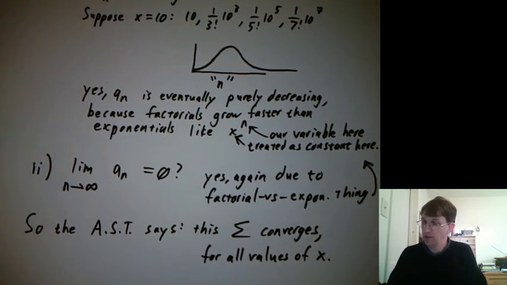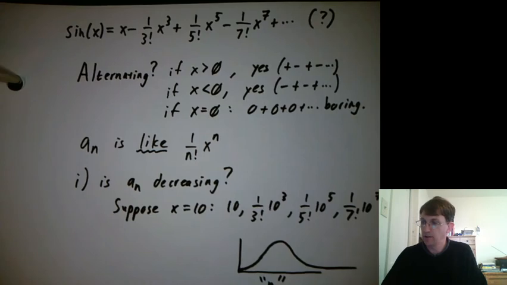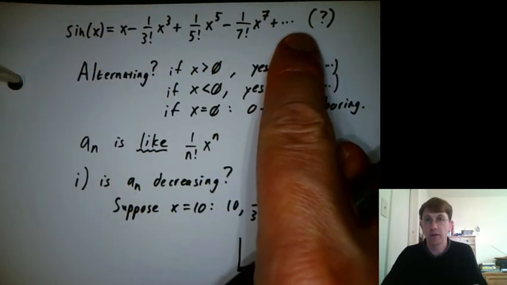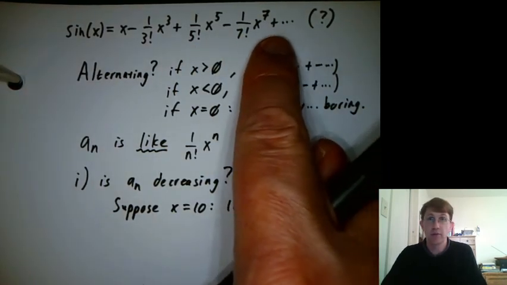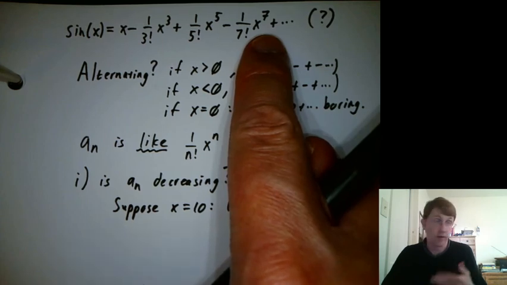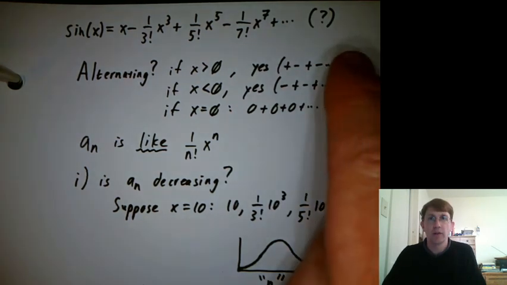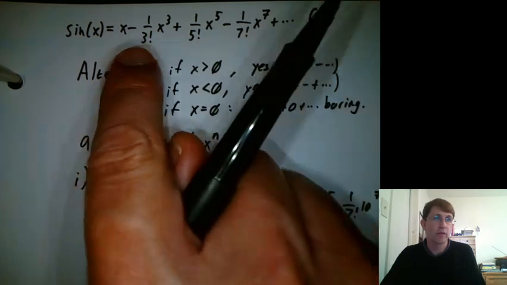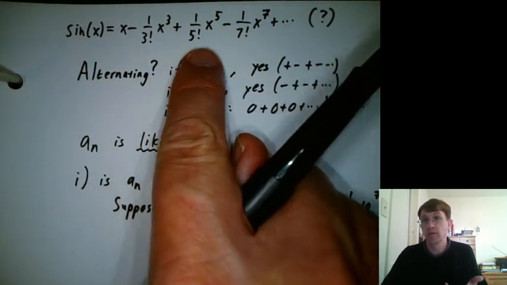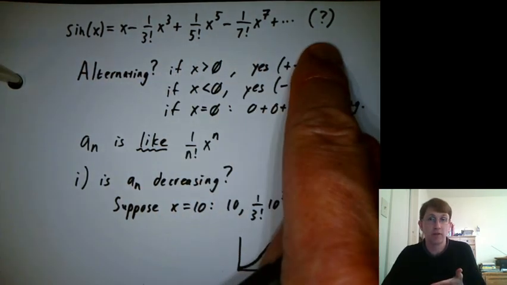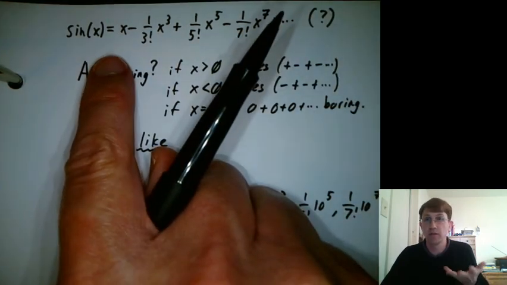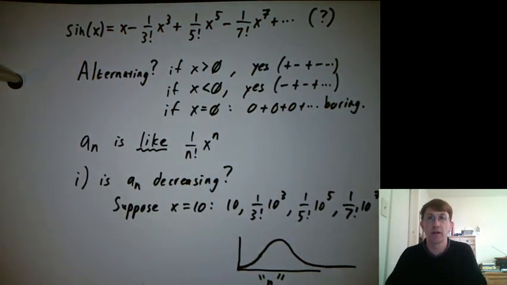So that's pretty interesting that this sum that has powers of x that keep growing still converges no matter how big x is, or x being negative. It still doesn't show that it's actually equal to sine. Like, does the approximation get better and better? Well, we know the approximation converges. Does it converge to being the value sine of x? Again, we'll have to see that in a later chapter.